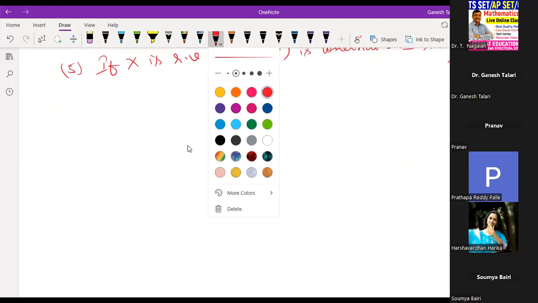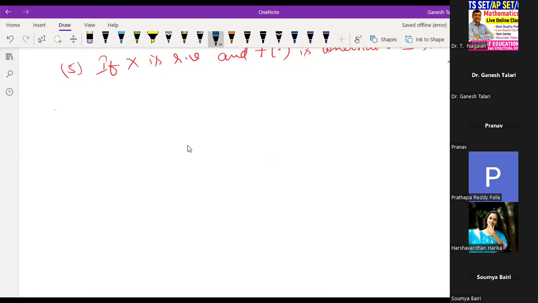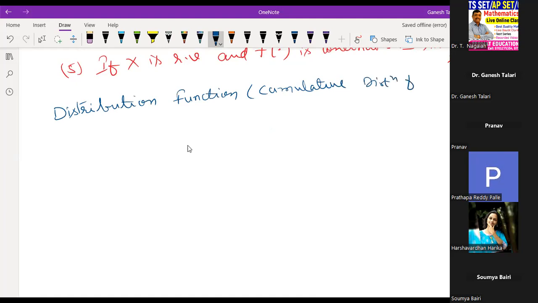So now once you have defined the random variable, then you have to discuss the distribution function. Sometimes you can write it as the cumulative distribution function, CDF.